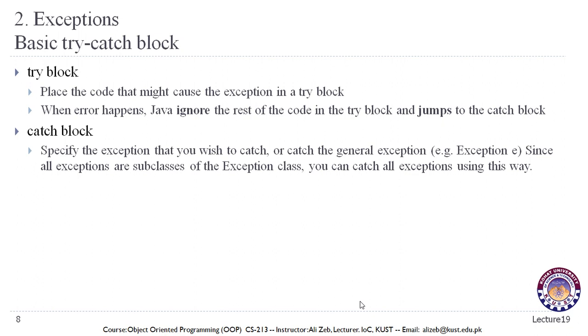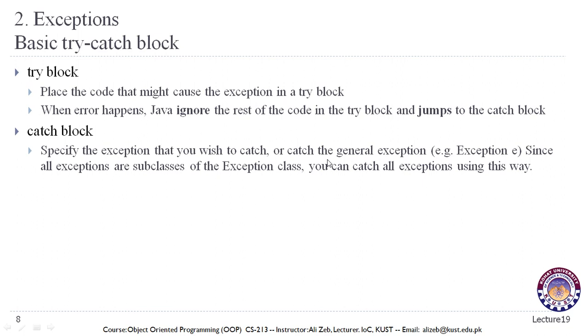Specify the exception. What we do in the catch block is specify the exception that we wish to catch. For example, if you suspect that a certain error will be caused by the code, we add the exception for that in the catch block, or catch the general exception.